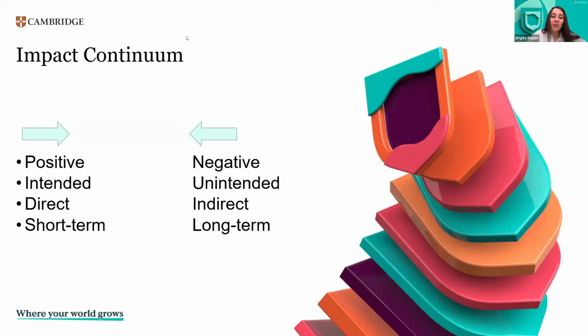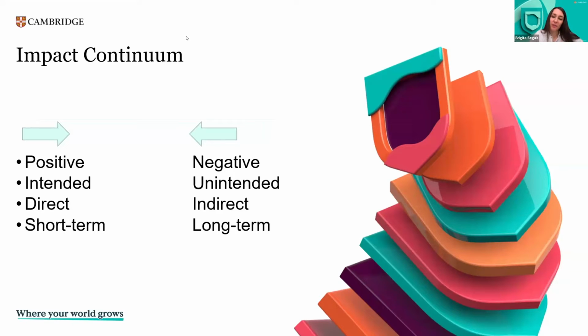We can also think about direct and indirect impact. Direct impact is something that happens very much in a linear fashion. For example, a teacher decides to introduce a new teaching method in the classroom, right? That could mean that learners' motivation increases because they like what the teacher is doing. So it helps them with their engagement. But it could also be indirect in the sense that, over a longer period of time, this can lead to things like improved learner outcomes, right?